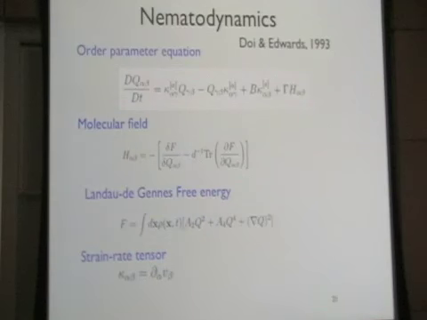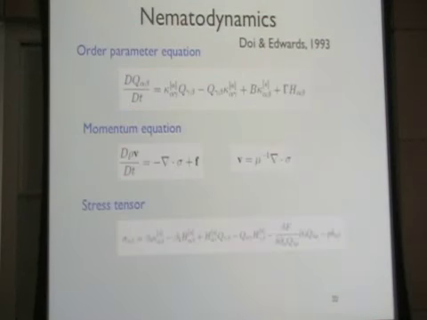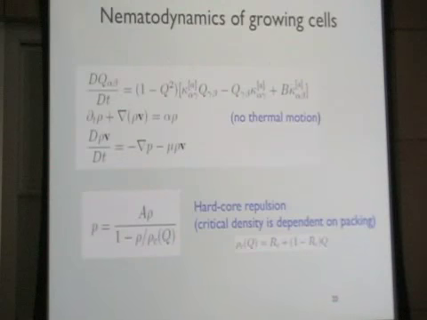So basically, what we did is we started from this model, but then we added something and deleted something from it. This is a continuation of this. Of course, we have to couple it with the momentum equation, and write down the standard expression for the stress tensor. But then we had to add the growth, and the growth is in this density equation.